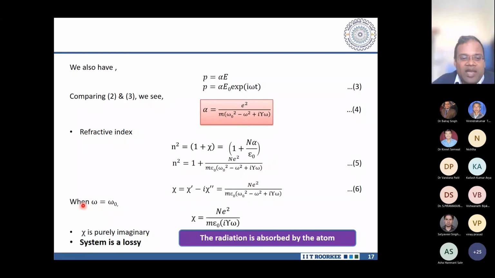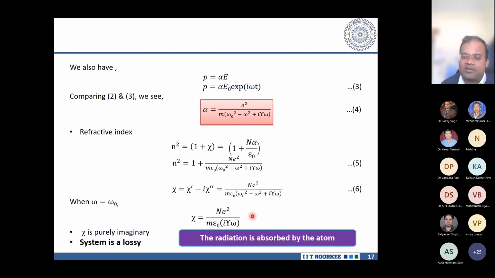Now when we have omega equals omega naught, chi by virtue of substitution you can have it like this. Here you see chi is now purely imaginary. When we talk of complex numbers, what is complex about them? There is nothing complex. Actually, a plus ib, so b is only showing the loss. That is the important thing to note.